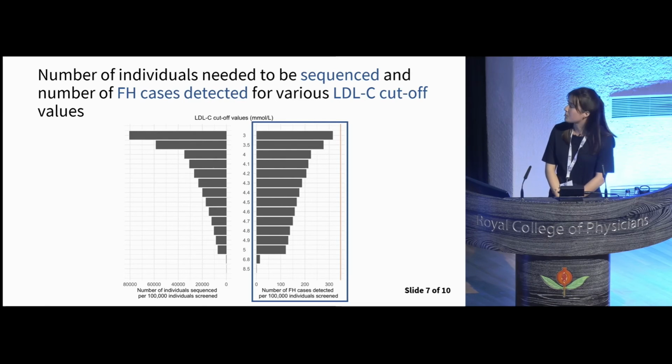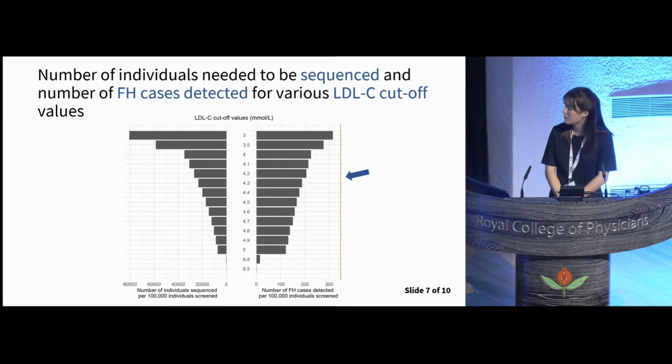And I just want to point out that the x-axes are not on the same scale. So this orange vertical line represents the 347 FH cases for 100,000 individuals screened. So you can also visualize the number of FH cases that would be missed by each of these LDL cholesterol thresholds.